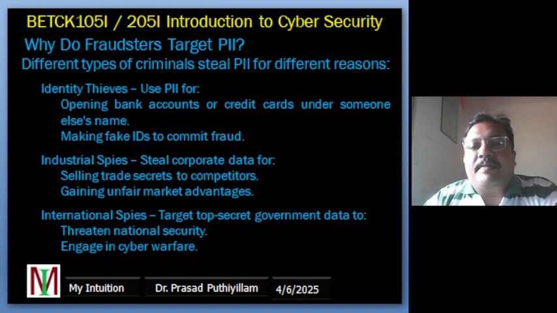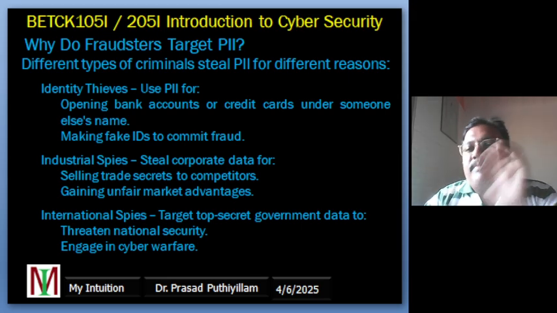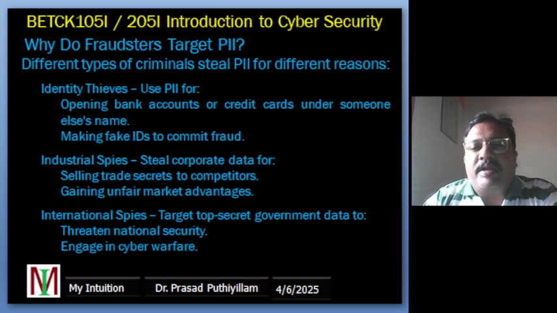Now moving to the next step: why do fraudsters target PII? Hackers or identity thieves steal personal or confidential data for different reasons. Identity thieves use the stolen PII for opening a bank account or credit card in someone else's name, making fake ID cards, and committing fraud.